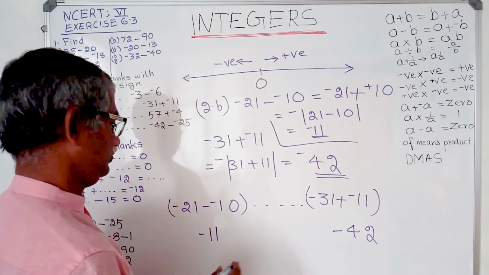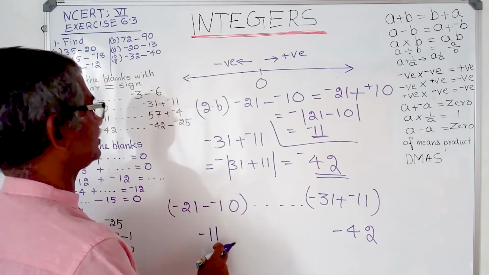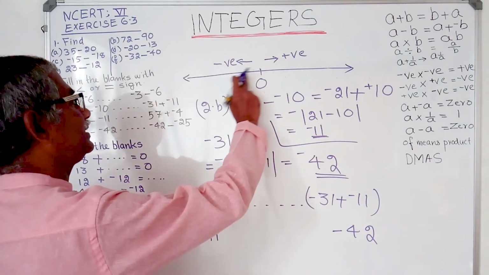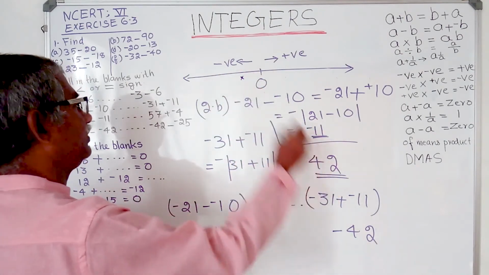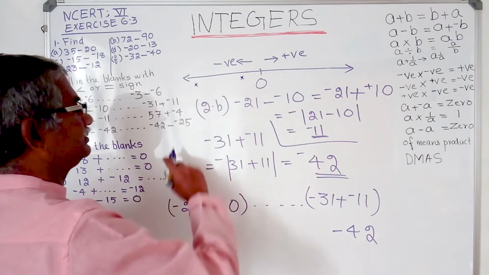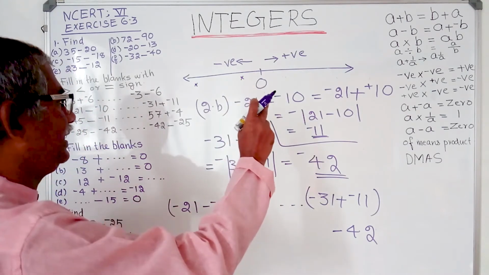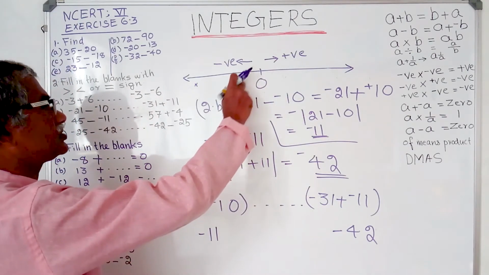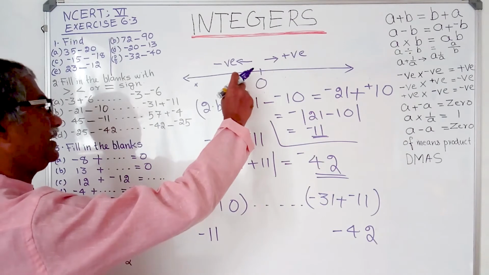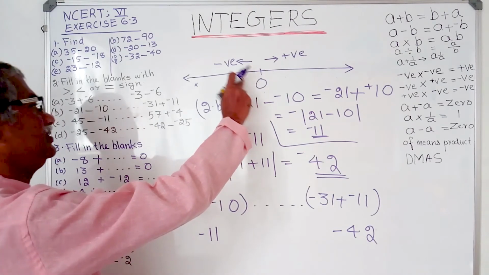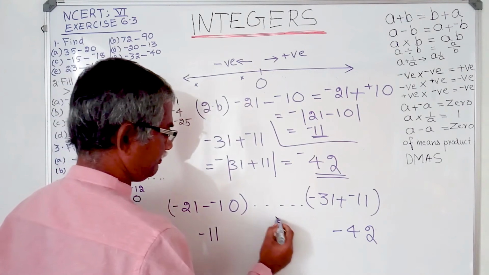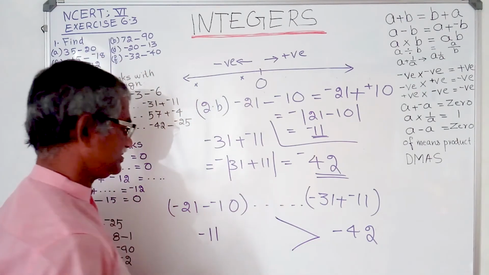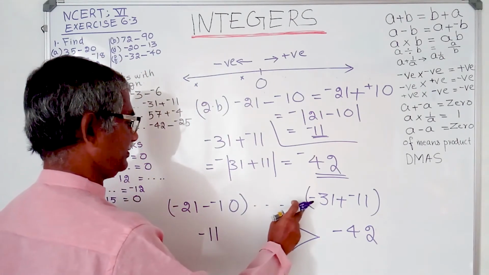Negative 42. Which is greater? Negative 11 comes like here. Negative 42 may be here. Which is greater? The number which is nearer to 0. So negative 11 is larger, negative 42 is smaller. So we can put this sign here.